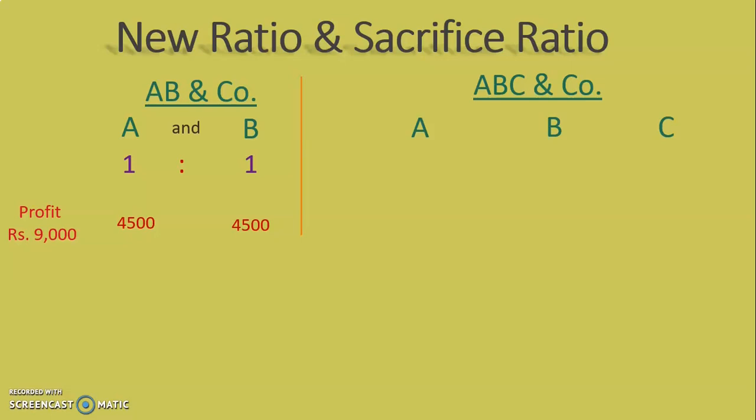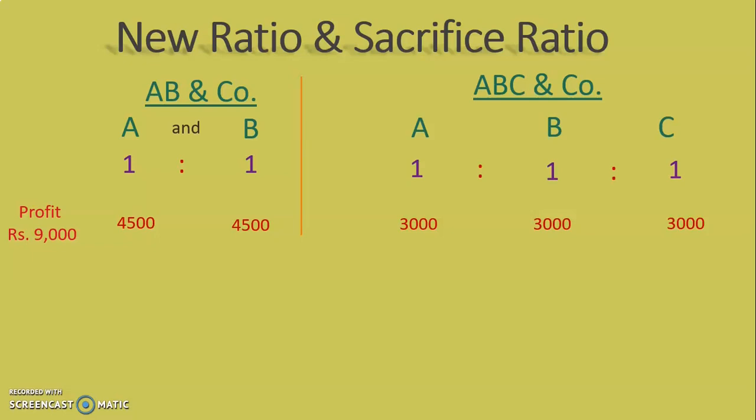Now, if they admit a new partner into this firm, ABC and company, wherein A, B and C share profit and losses equally, so the ratio will be 1:1:1. Now, if they earn a profit of 9,000 and we distribute this profit, then each partner will get a share of rupees 3,000. Now, here you see A was getting a share of 4,500.